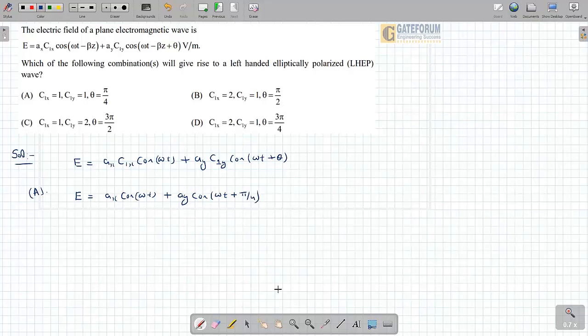Okay, now we'll see. We'll take two time instants and see how this vector is moving. Let me just draw this.